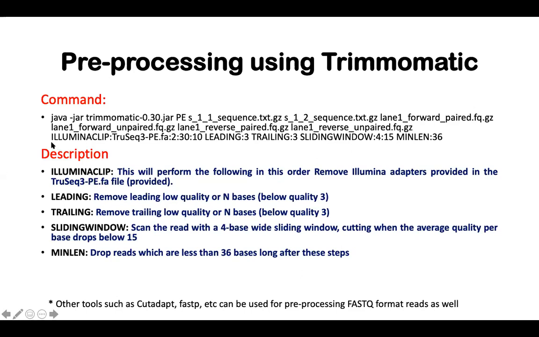If you put the word Illumina clip and also mention the name of the adapter or primer, it will look through your entire sequence data to clip off or remove the sequence, right? This is how a command looks like, just to give you an idea. And the last one, min length. You're telling the software that the minimum length of the reads that I want to keep is 36 bases. If anything is shorter than 36, get rid of it.